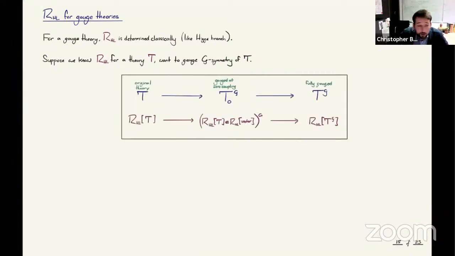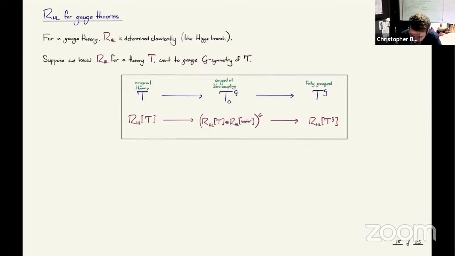And I'm going to do this very idiosyncratically in two steps. I start out with my theory that I named T. And then I'm going to go to the theory that I get by introducing the vector multiplet and thinking of it as a gauge theory, but with the gauge coupling equal to 0. And then I'm going to fully gauge it by turning on the gauge coupling.